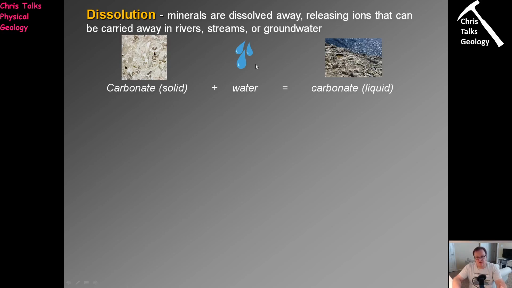The calcium ion and the carbonate ion will essentially come off the rock, and they will dissolve in the water. At which point these ions can then be carried away, dissolved in the surface water, so rivers and streams, or they can be carried away in groundwater. And so slowly over time, imagining that happen day after day, year after year, slowly but surely your limestone will get degraded, it will get weathered away.